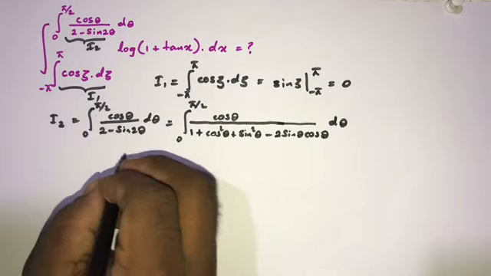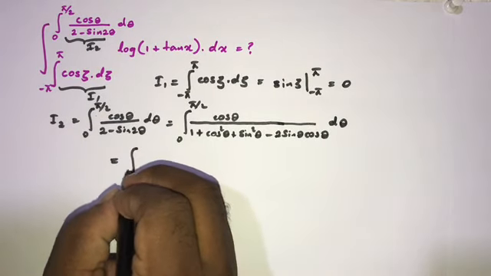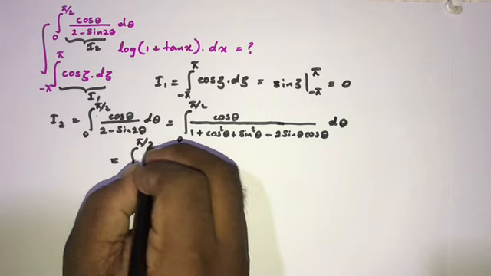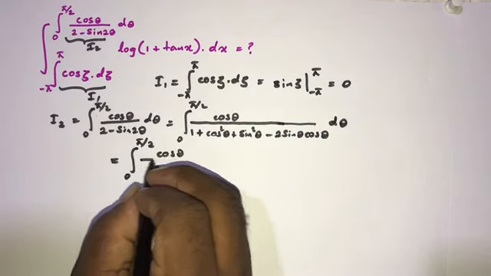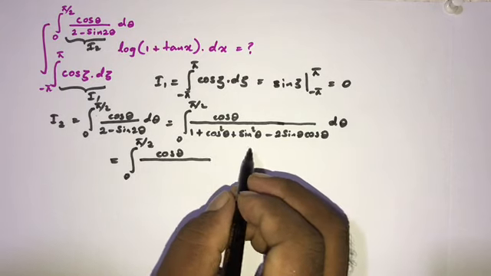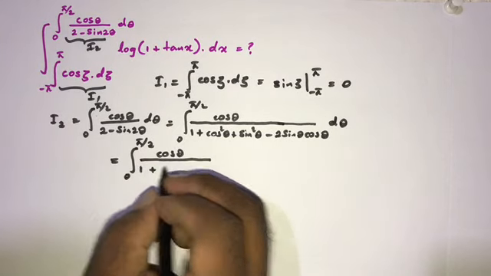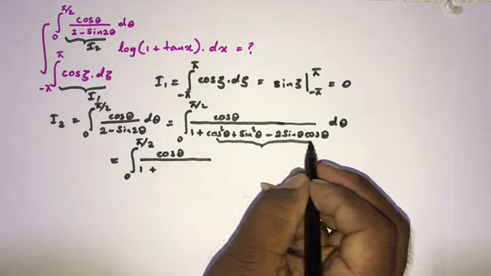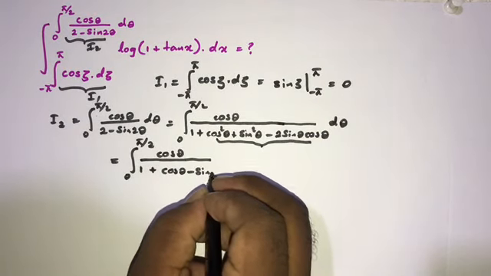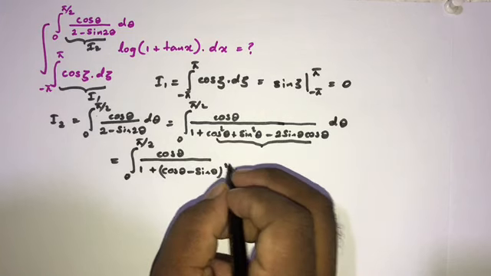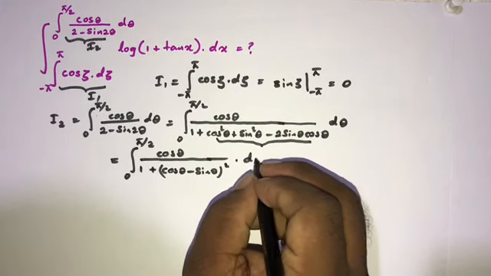Okay, now we can write this is equal to the integral from 0 to π over 2, here cosine of θ over 1 plus, now we know this is equal to cosine of θ minus sine of θ square, dθ.